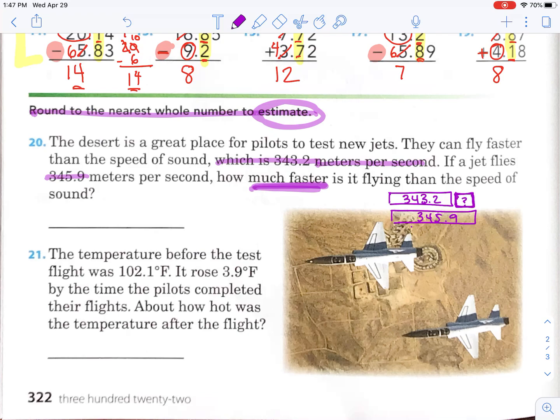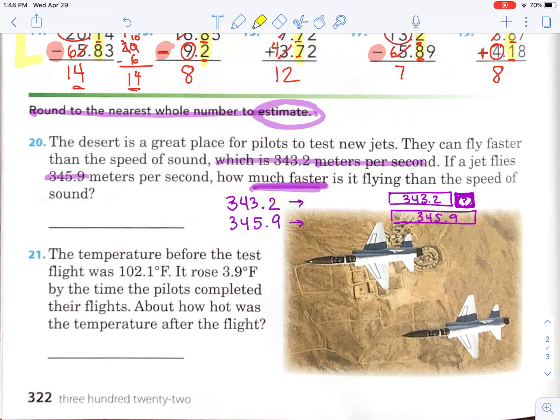The bigger number minus the smaller number, and then it will get our answer right here. But do we need to find it out exactly? No, we don't. We need to estimate. So let's change 343.2 and 345.9 to the nearest whole number.